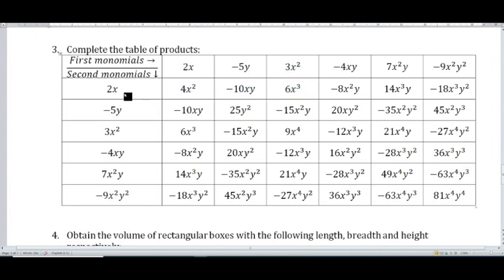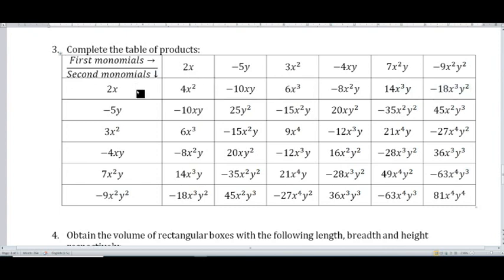Like that, 2x will multiply with minus 4xy, that will be minus 8x square y. 2x will multiply with 7x square y, so 2 7s are 14, and x occurs 3 times, so x cube y. 2x will multiply with minus 9x square y square, so the answer will be minus 18x cube y square.